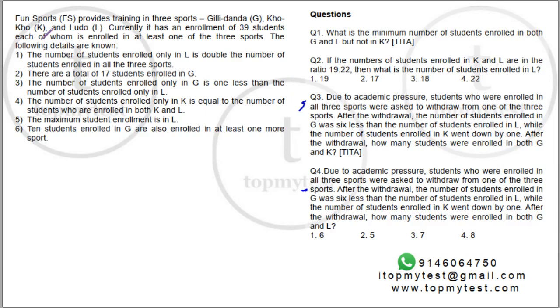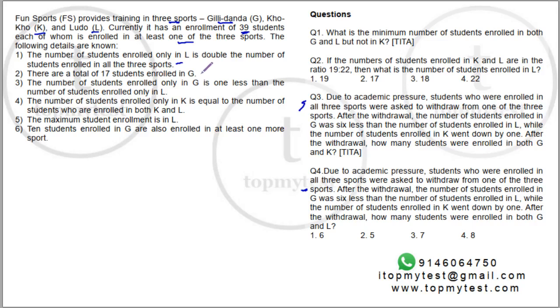Okay, so let's see what the Venn diagram actually says. Fun Sports provides training for 3 sports: Gilli Danda, G, Kho Kho, K, and Ludo, L. Currently, it has an enrollment of 39 students, each of whom is enrolled in at least one of the 3 sports. The number of students enrolled in only L is double the number of students enrolled in all 3 sports.